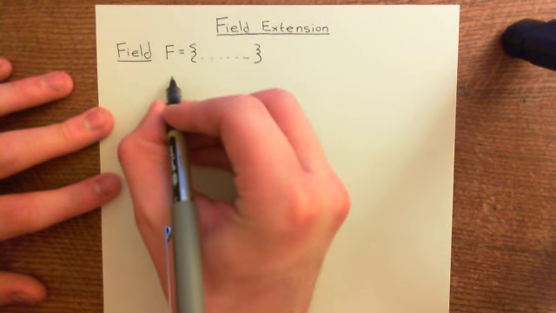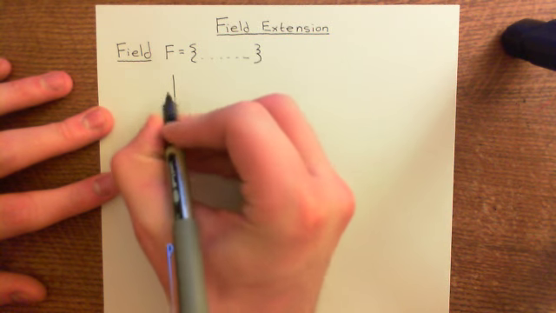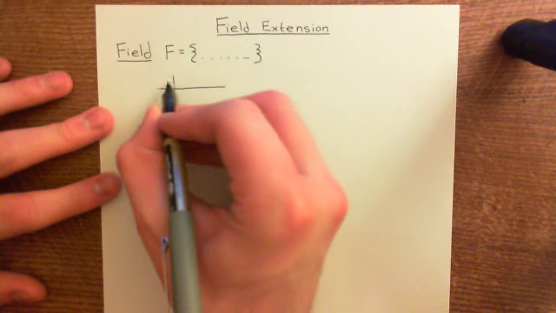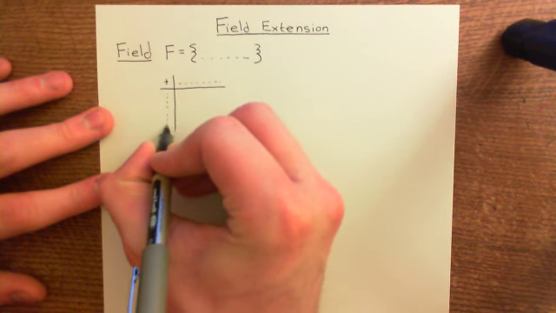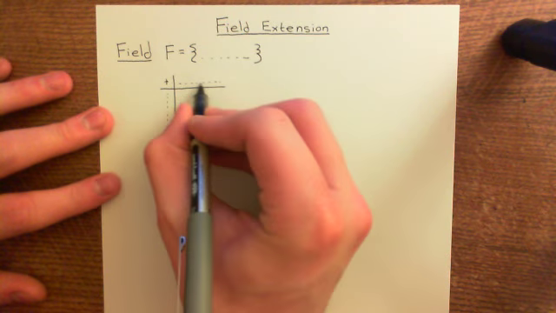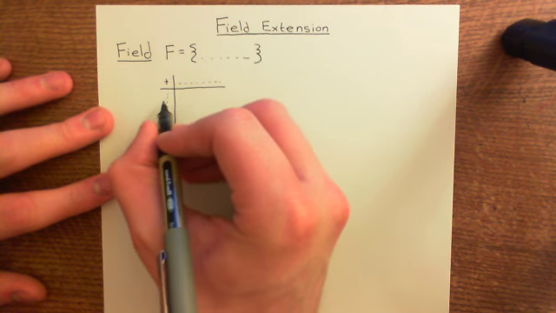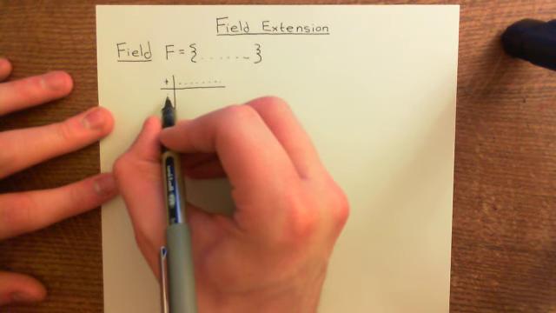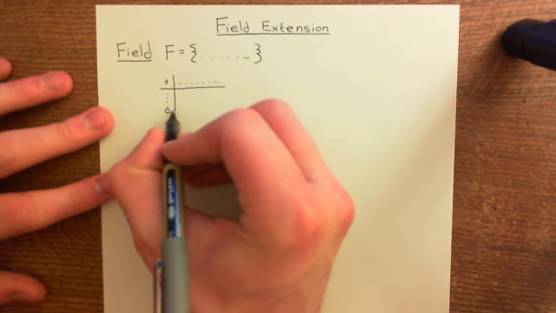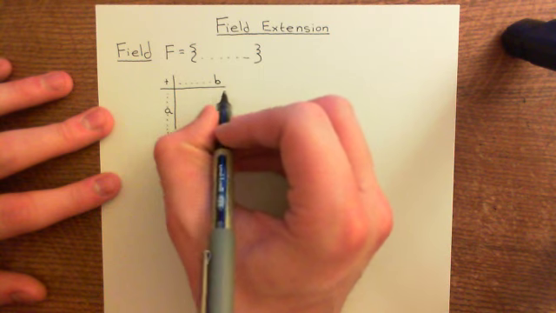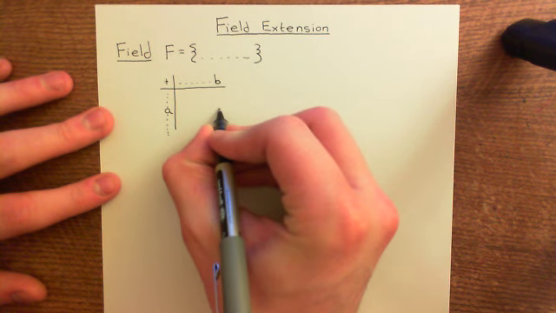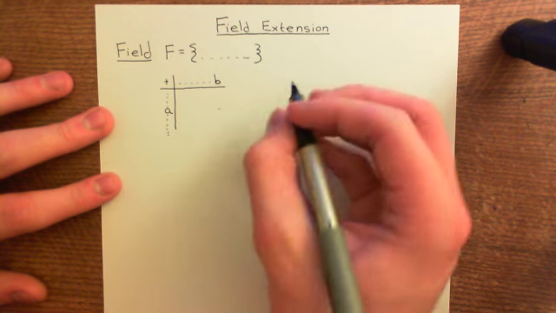So you have an addition operation. You'll have every symbol in the column here and every symbol written out in the row here, and then you have defined what any symbol, let's say A, plus any other symbol B in the field is, and you have given the answer here.